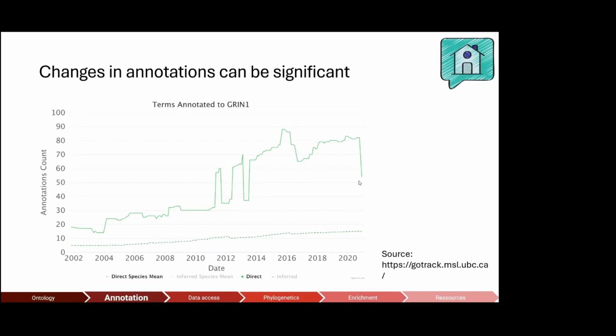That's really important when you use GO to make enrichment analysis: you have to mention which release you are using, because there can be really different results according to the release you are using at the time you're doing the experiment. So it's really dynamic.